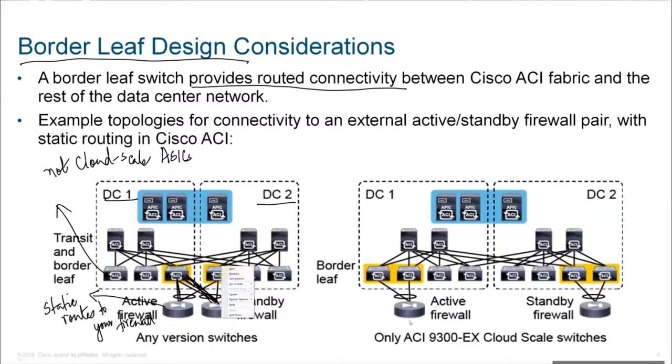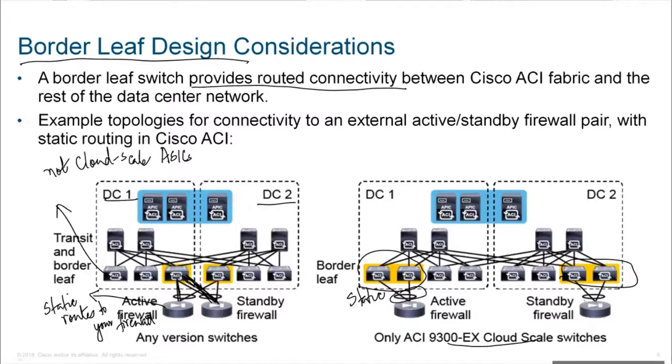But if you had cloud scale, you can actually go ahead and implement the static routes to the firewall, two points of border leaf connections with static routes in one data center, and two or more with static routes in the other data center.